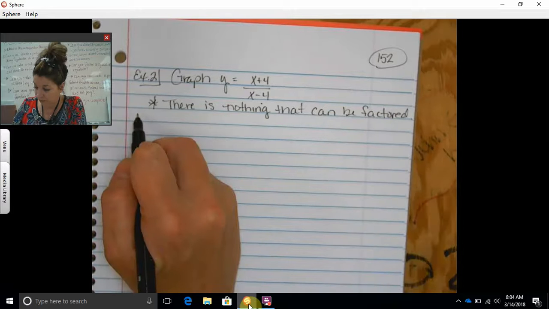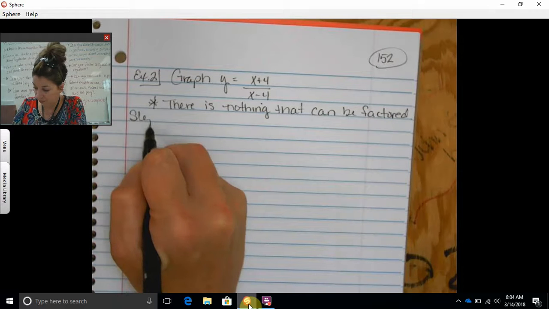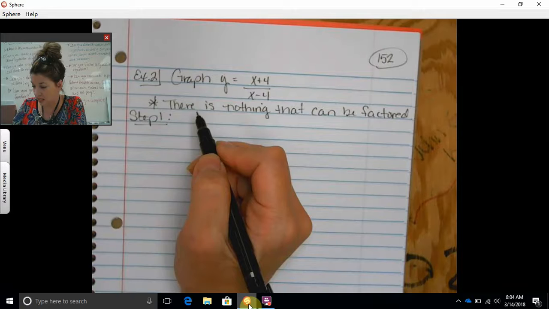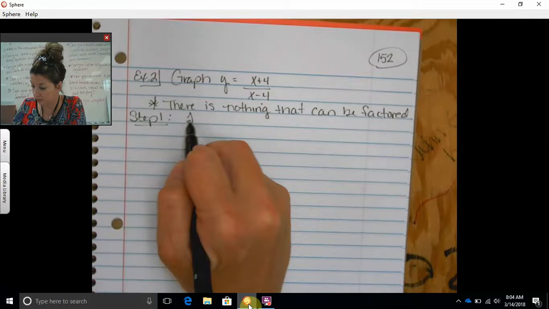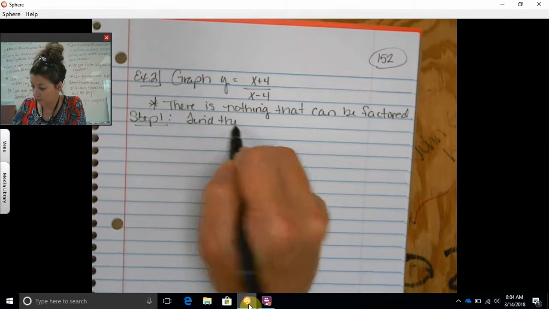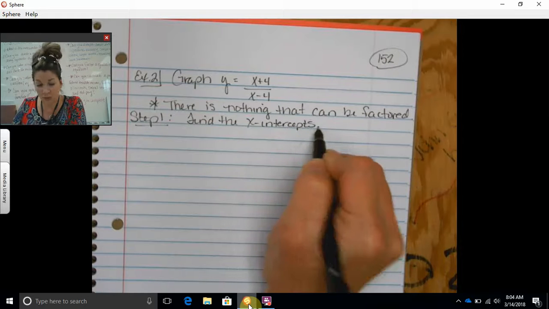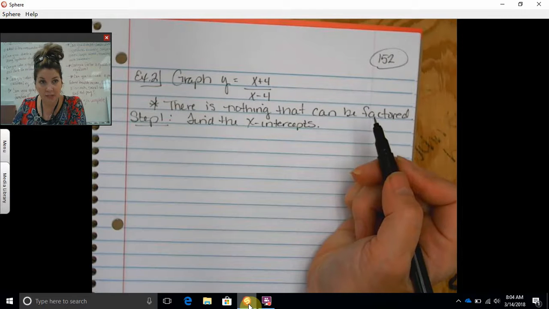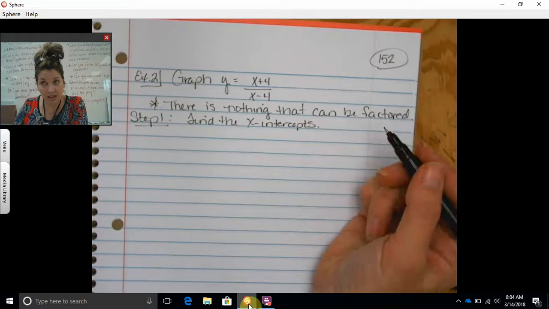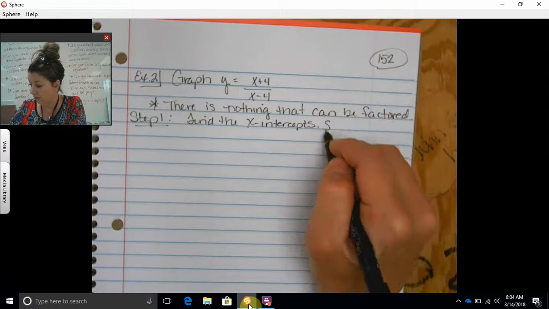So step 1, if you go back and look at your notes, it says find the x-intercepts. If you want to know where your graph crosses the x-axis, you substitute in a 0 for y and solve for x.